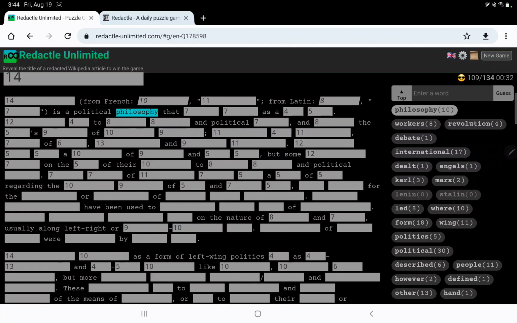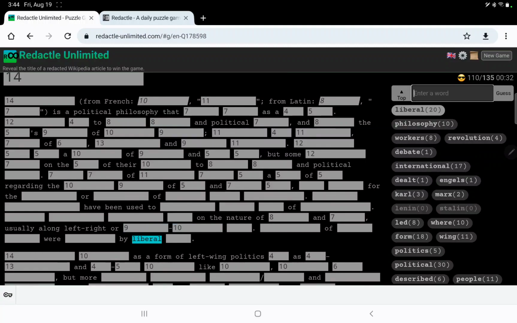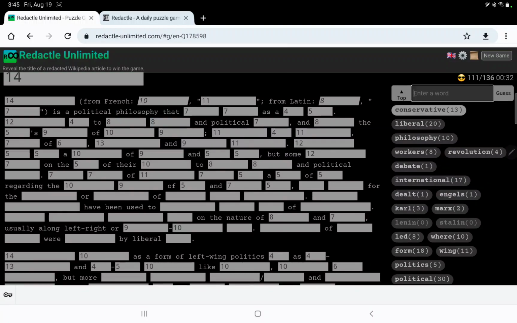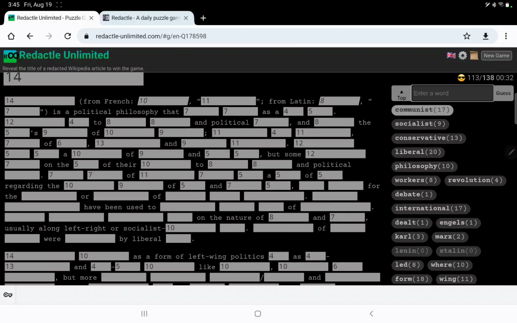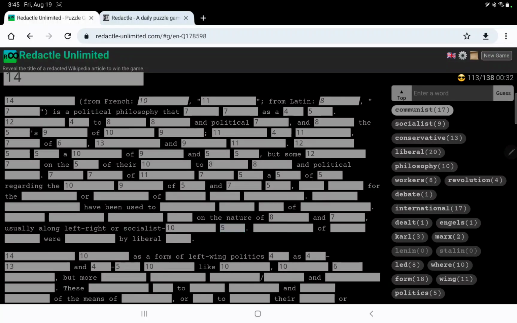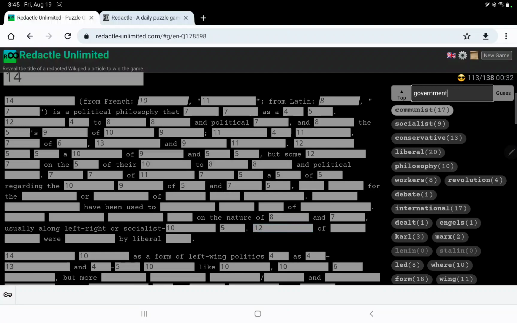Usually along left-right are liberal, no, but conservative, socialist, communist, no, socialist something, let's try government.